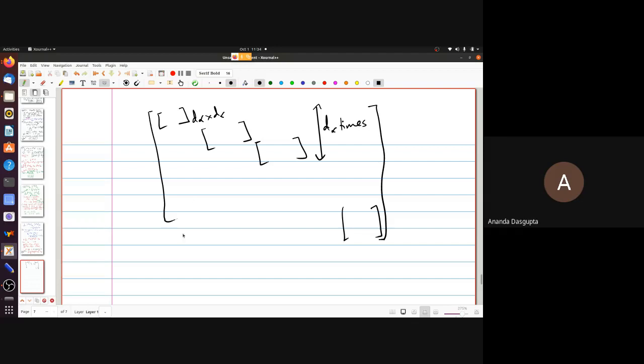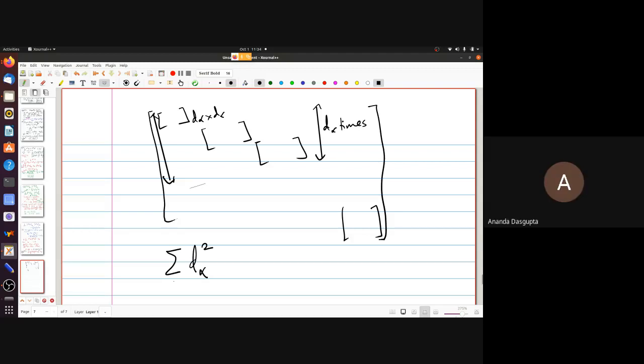But what this tells you is one thing. How many rows does this make? You take all the d alpha by d alpha representations together for this particular inequivalent irrep. How many rows? d alpha squared, right?